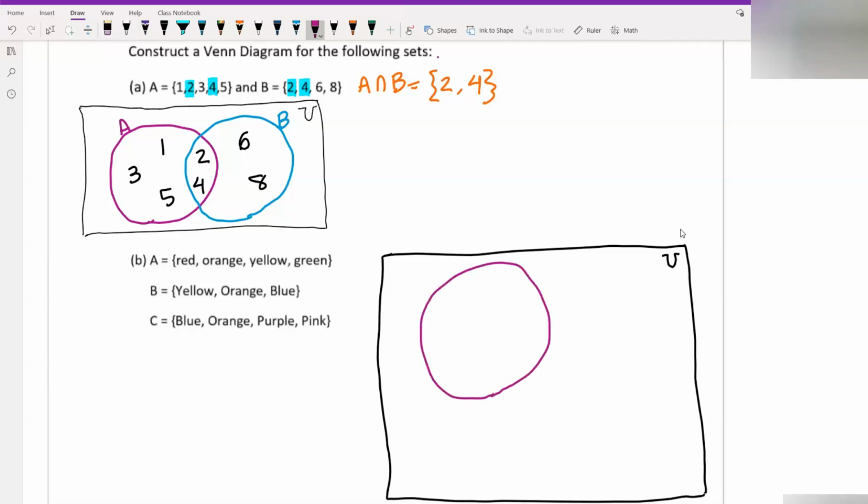Now in this case, we have 3 sets, A, B, and C. I know that we have elements in common, that's why I'm drawing this way.